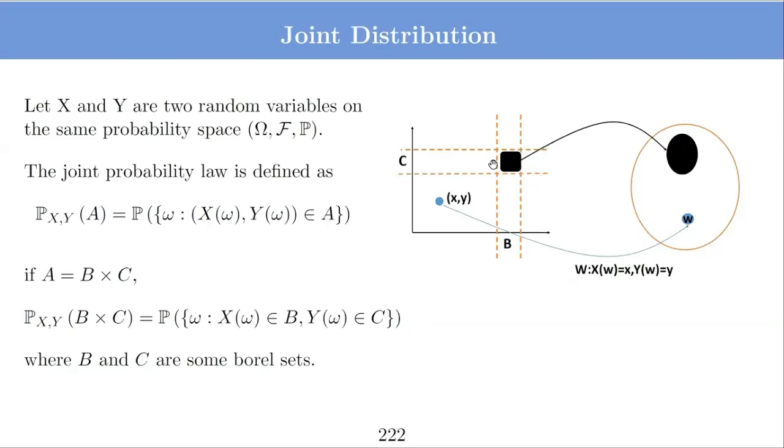So if this A is written as B cross C, then we can also write the same formula in the following way: Pxy of B cross C is equal to probability of all of those omega such that x omega maps to B and y omega maps to C. And B and C are both some Borel sets.